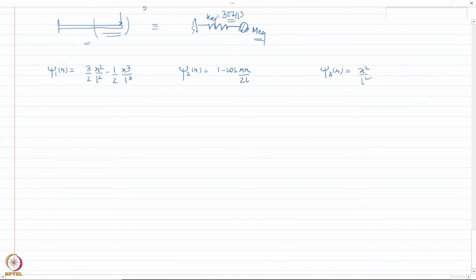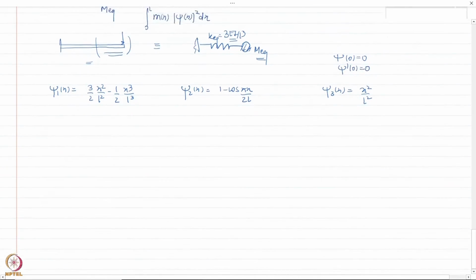And then there is a third shape function, which I'm going to write as the parabolic function x square by L square. Now, if you look at all these shape functions, all of them satisfy the displacement boundary condition for this cantilever beam, which is phi of 0 equal to 0 and phi dash of 0 equal to 0.